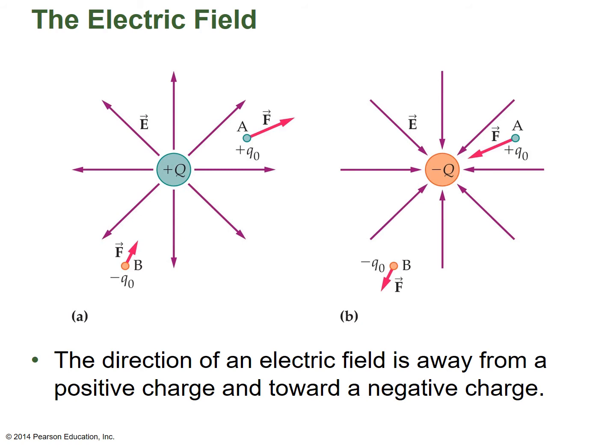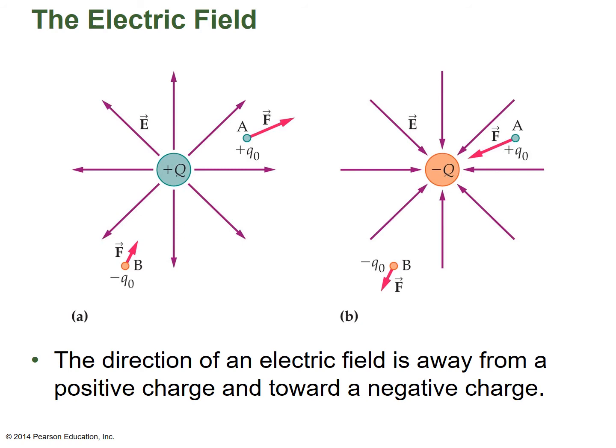Similarly, if we have a negative charge and we place a positive test charge q naught at point A, this positive test charge will be attracted to the negative Q, and again the magnitude of the electric field will be F over q naught.